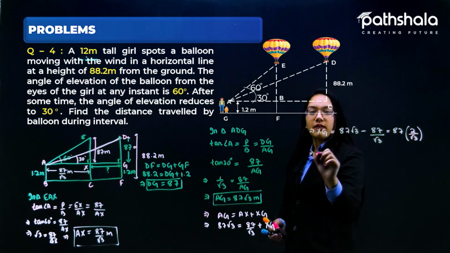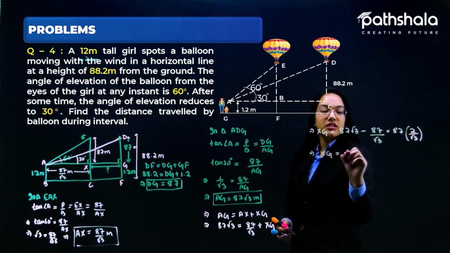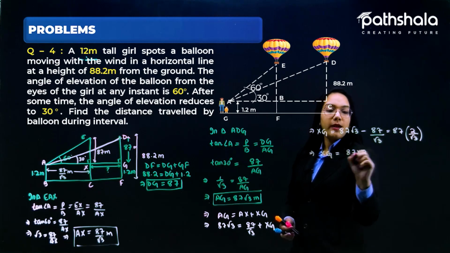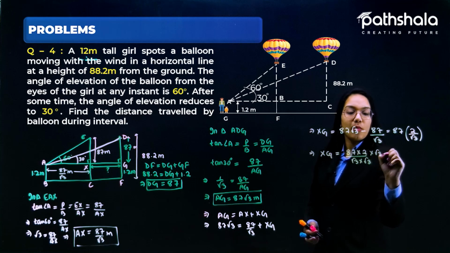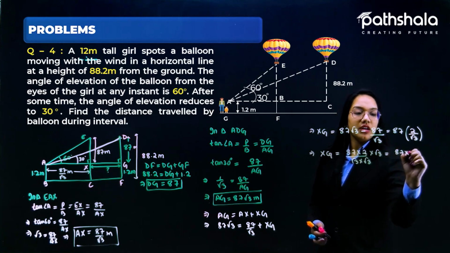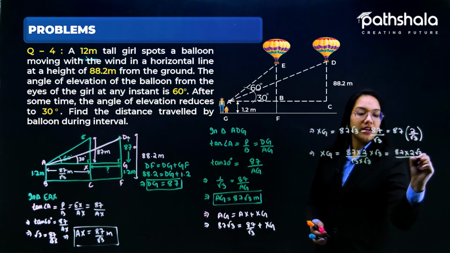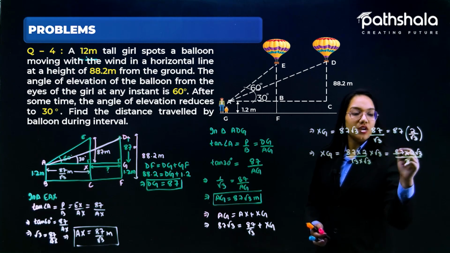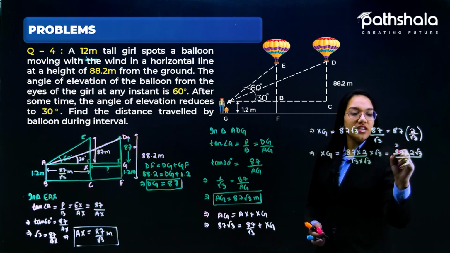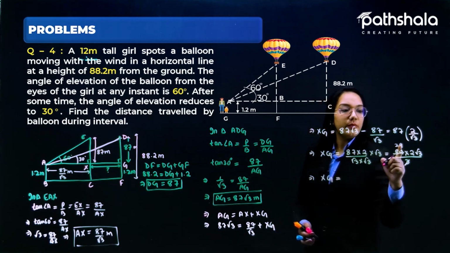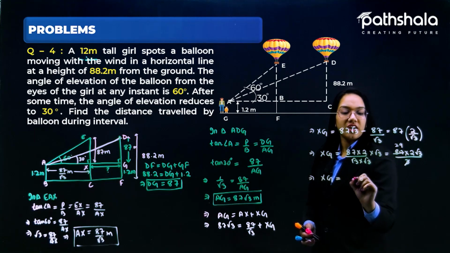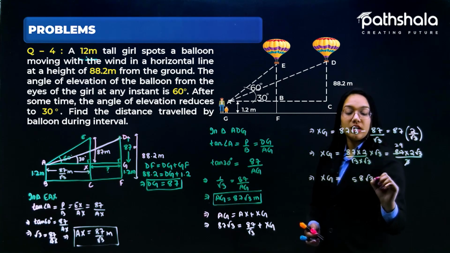So we have calculated XG as 87 into 2 by root 3. We are rationalizing the denominator: it is 87 into 2 root 3 divided by 3. 3 into 29 is 87, so we get 29 into 2, which is 58 root 3 meters.